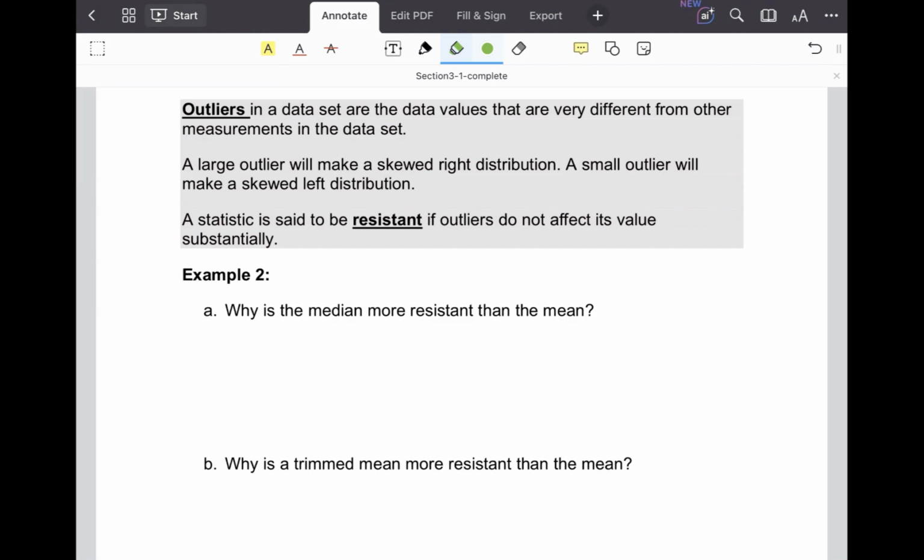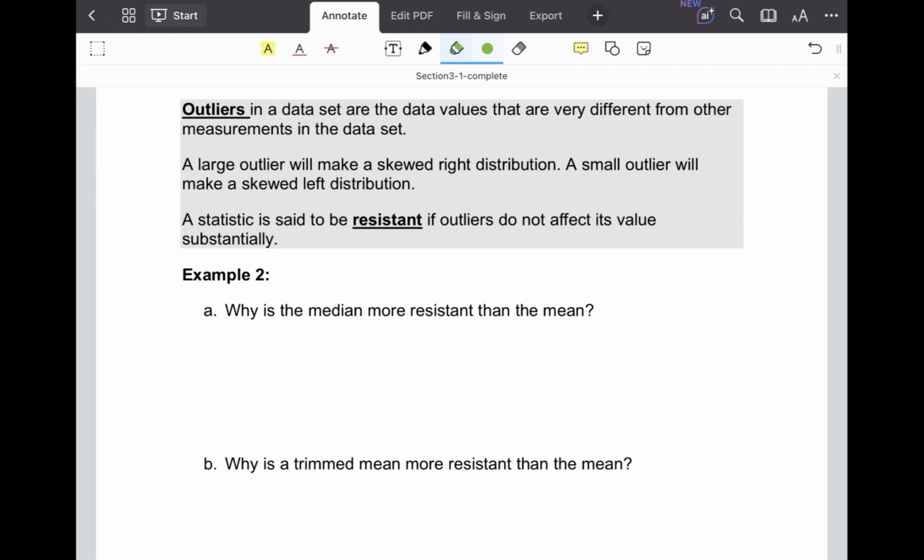A large outlier will make a skewed right distribution. A small outlier in comparison to the others will make a skewed left distribution. It pulls that average to the right or to the left. A statistic is said to be resistant if outliers do not affect its value substantially.